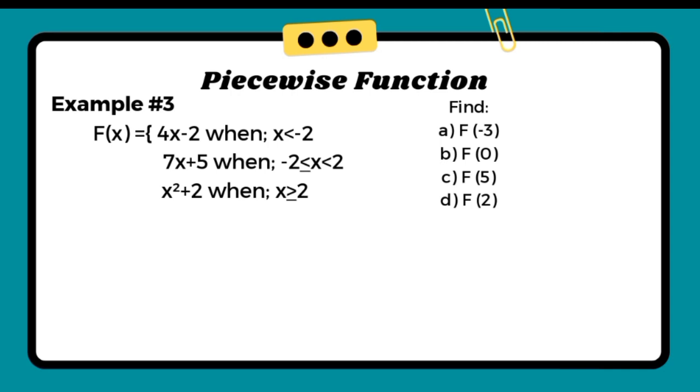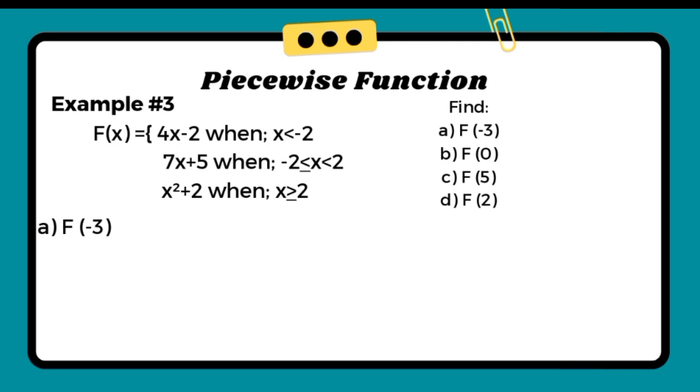So, unahin natin yung letter A. Hanapin natin siya kung ano yung sagot. Diba? So, letter A muna tayo. F of negative 3. So, saan po ba siya nabibilang dito sa ating given or restriction? Nabibilang po yung negative 3 doon po sa x is less than negative 2. Diba?